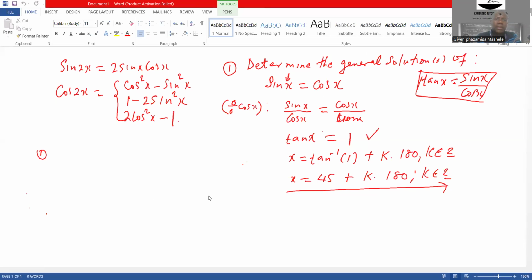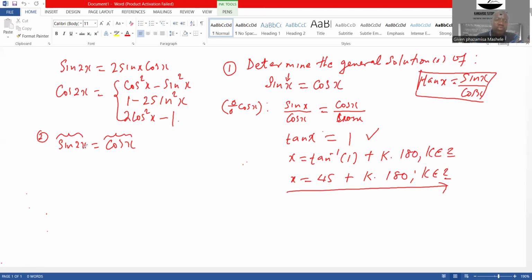Let's say now we have the following, this is the second one: sine 2x equals cos x. We still want to determine the general solution. Here we have sine 2x and here we have cos x.